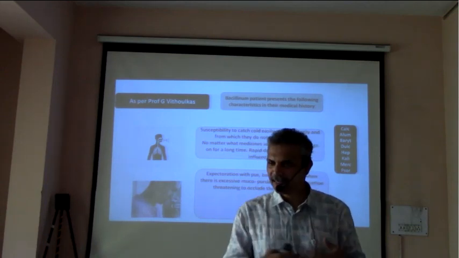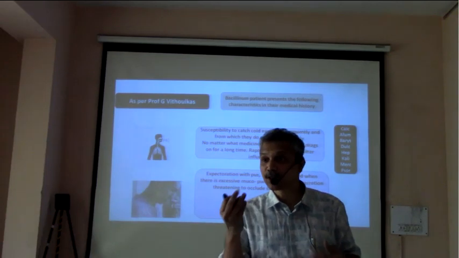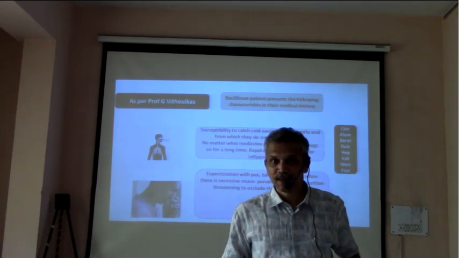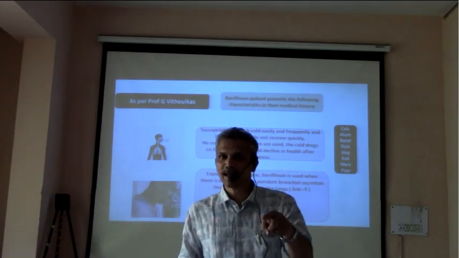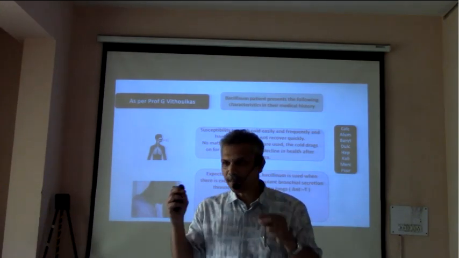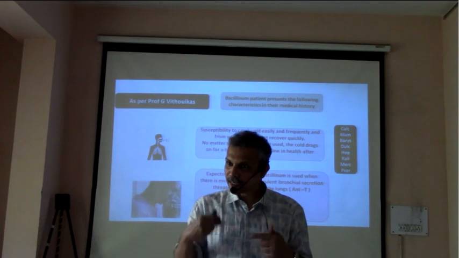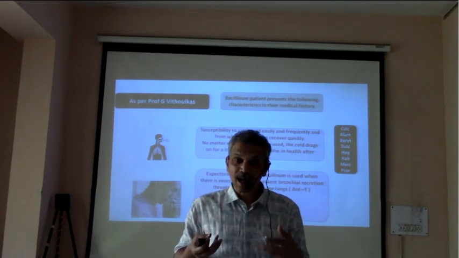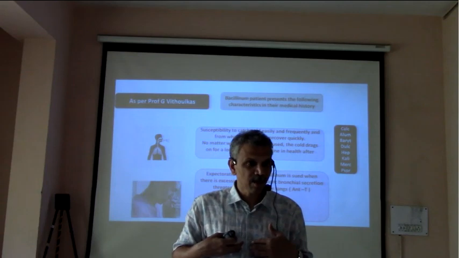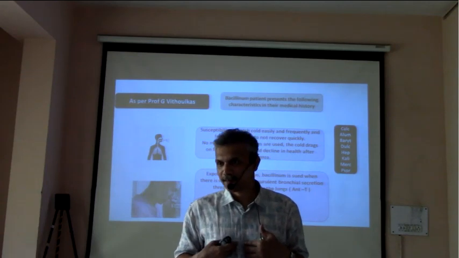The entire lungs, the entire chest is filled with sputum. So today we also realized it is not only Antimonium tartaricum, there is a remedy by the name Bacillinum which has a capacity to accumulate so much sputum in the chest.